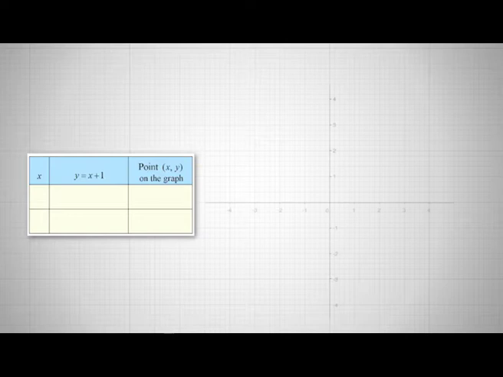We first find 2 points on the Cartesian plane through which the line y equal to x plus 1 passes. Let us construct a table showing x values, corresponding y values and the points. When x value is 0, y value is 0 plus 1 equal to 1 and the corresponding point on the graph is (0, 1).